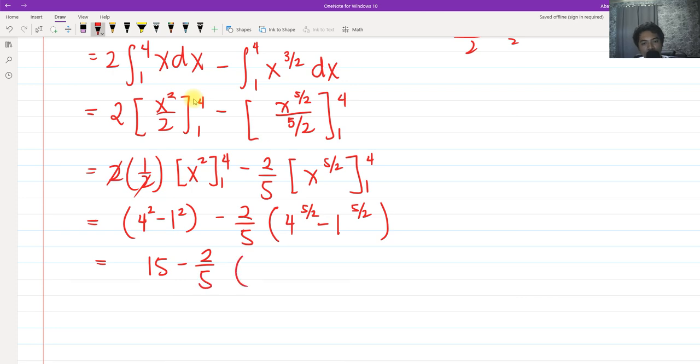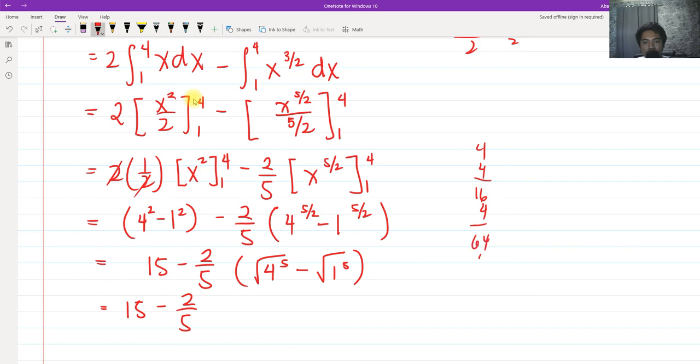4 raised to 5/2 can be rewritten as the square root of 4 raised to 5, then minus the square root of 1 raised to 5. If we do that, 4 times 4 is 16, times 4 is 64, times 4 would be 256.